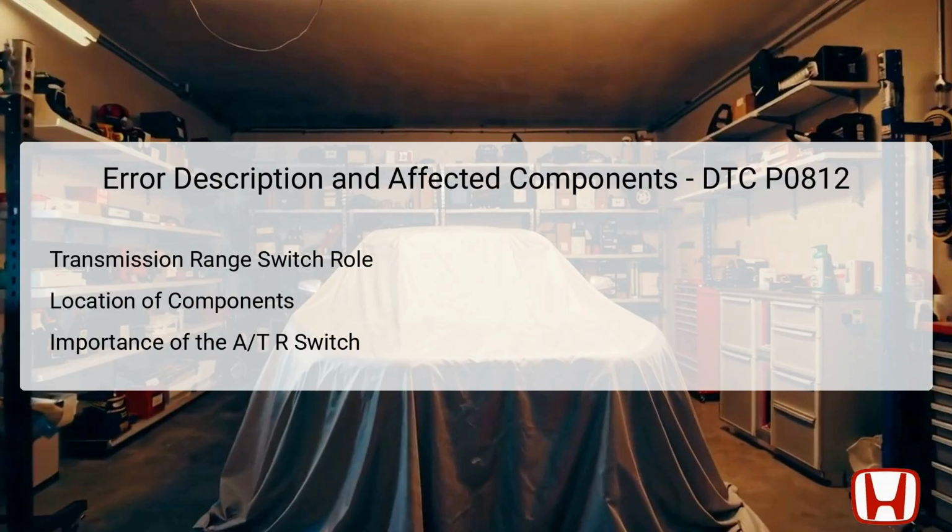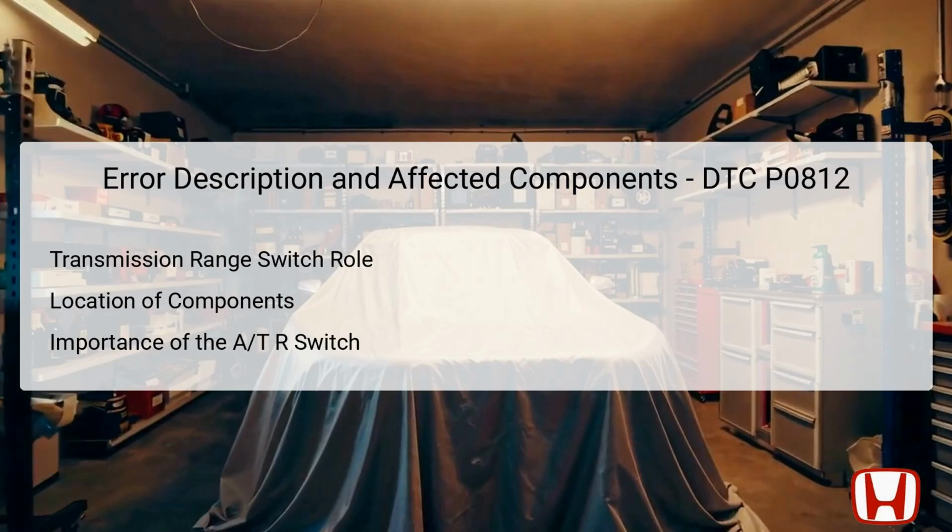The ATR switch is primarily responsible for reviewing whether the vehicle is in reverse gear and transmitting this data via its electrical signals. If there's a malfunction in this circuit, the PCM may receive incorrect data, leading to performance issues or even safety hazards. Therefore, the correct functioning of both the transmission range switch and ATR switch is crucial for the vehicle's transmission system to operate reliably.